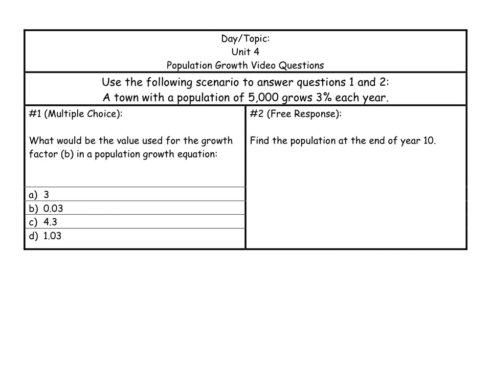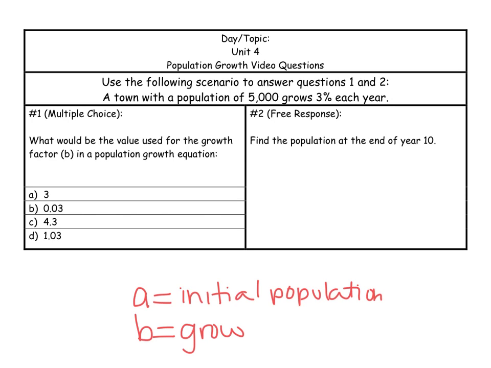Okay, so let's take a look at this example. A town with a population of 5,000 grows 3% each year. So we need to know what's our initial value, what is a equal to, and what is our growth factor equal to. So a is our initial population, and b is our growth factor.